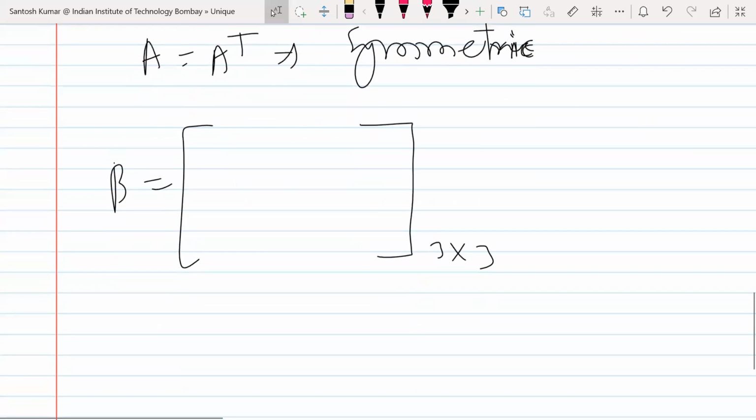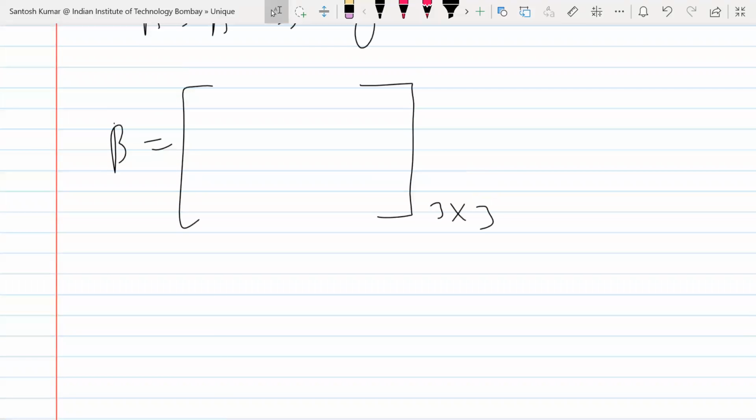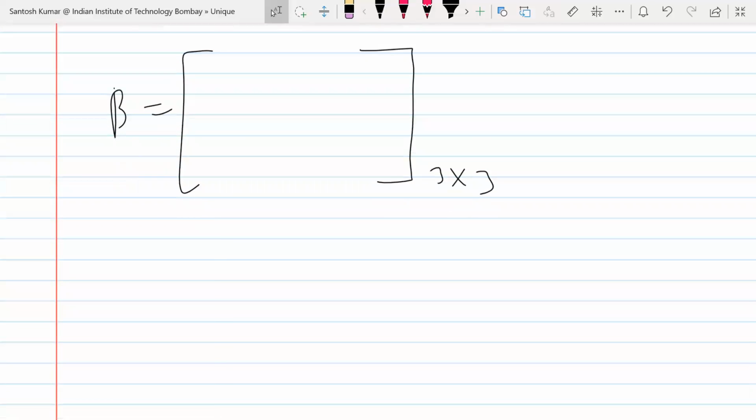You can randomly write any 3 cross 3 matrix and check what changes you can make to make it symmetric. So do the required changes.